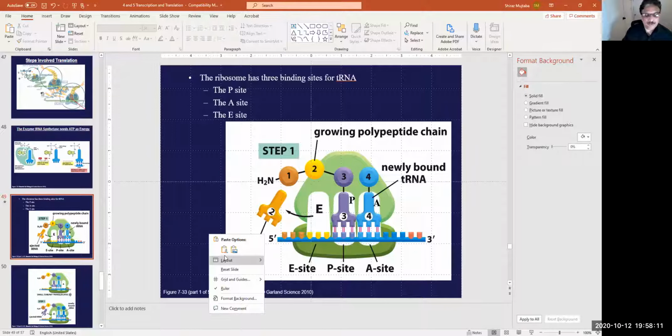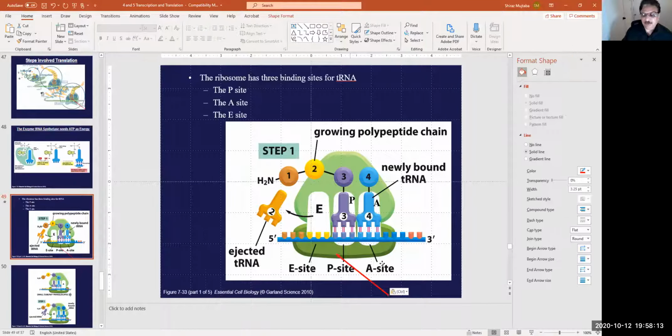Now, I'm going to a very important slide. This is the most important slide, which would help you understand the process of translation. Right? So ribosomes have three sites, right? An A site, a P site, and an E site. A site is referred to as the acceptor site, right? On this A site, always a new tRNA with amino acid comes, right? Then there is a P site, and then there is an E site.